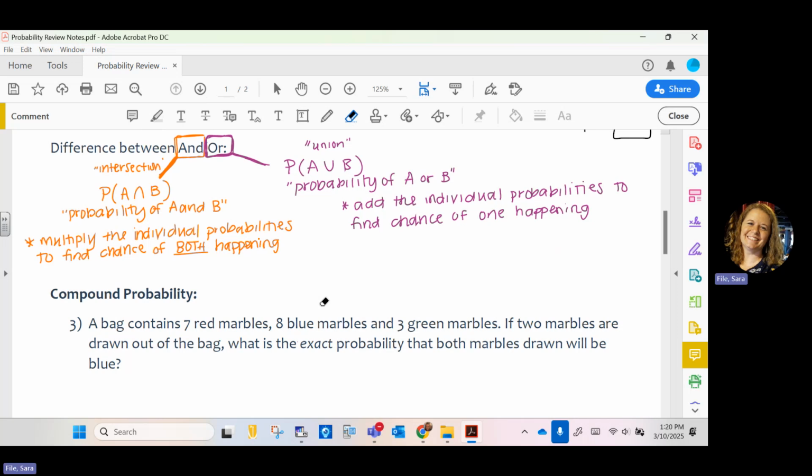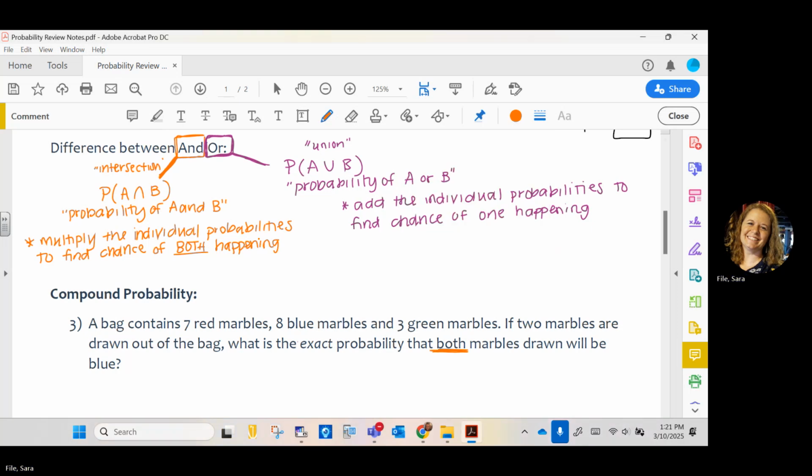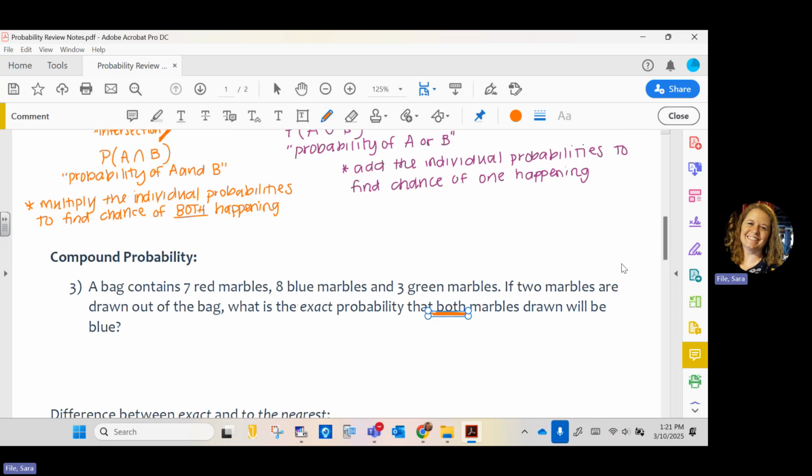Because this one asks for the probability that both marbles are blue, we want the probability of drawing a blue and then drawing a blue again. This is an and. We want both marbles to be blue, so we're going to end up multiplying these two individual event probabilities.